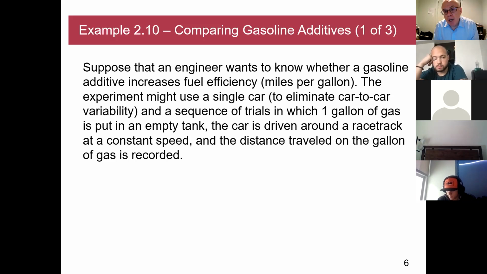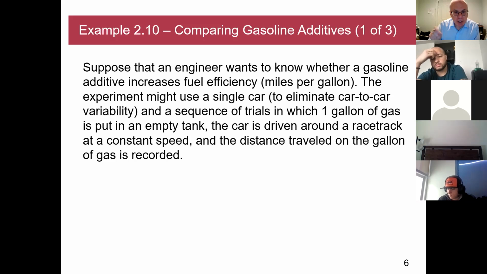This is another way of doing an experiment. We use the same subject, in this case a car, and we use a number of trials over time, in which 1 gallon of gas is put into an empty tank. The car is driven around a racetrack at a constant speed, and the distance traveled on the gallon of gas is recorded.